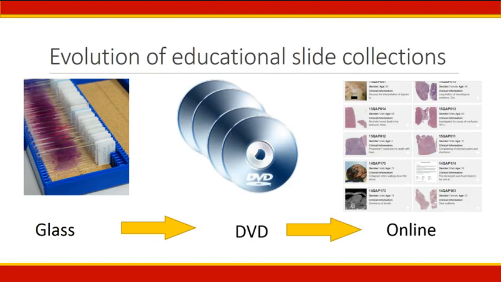And now we've evolved to the subject of this presentation, which is an online library. Because the collection is indexed, searchable, permanent, and open to all members, these are features of a library.